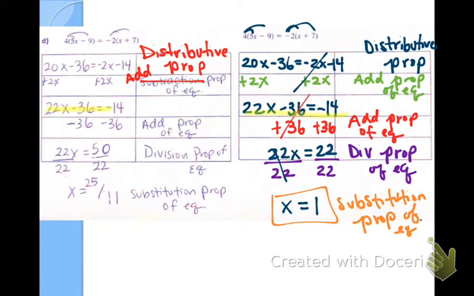And then again, our lines match. We've got 22x minus 36 equals negative 14. We have the same thing. Then what did they do? They subtracted 36 and we added 36. So in order to cancel out 36, you have to do the opposite action, which would be addition.